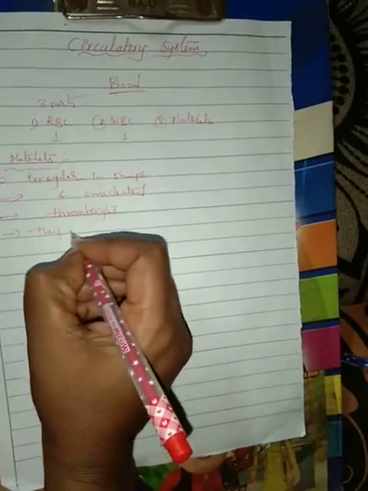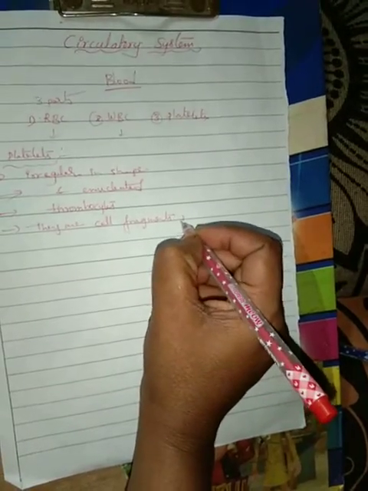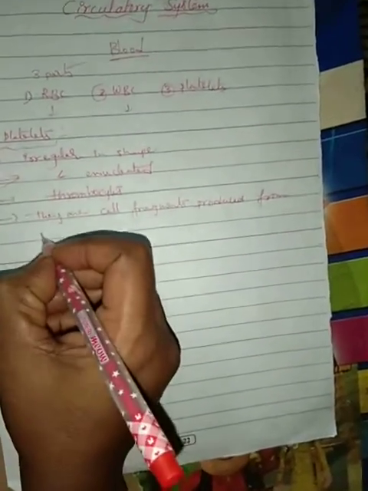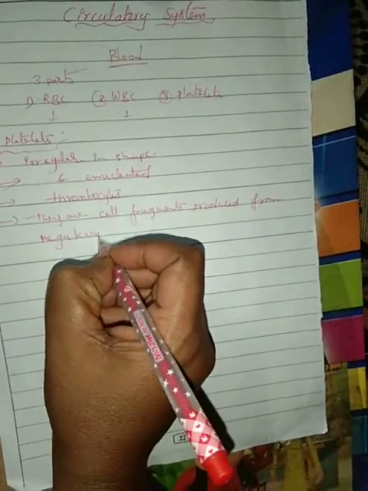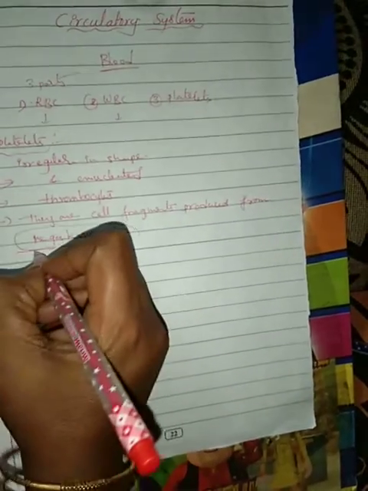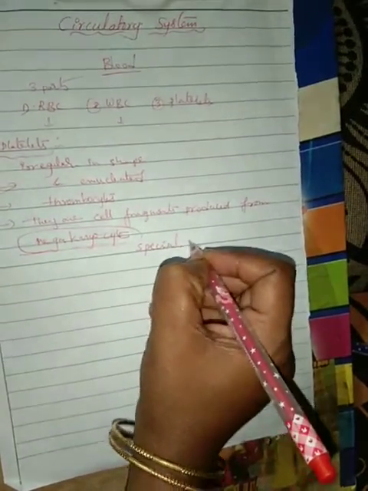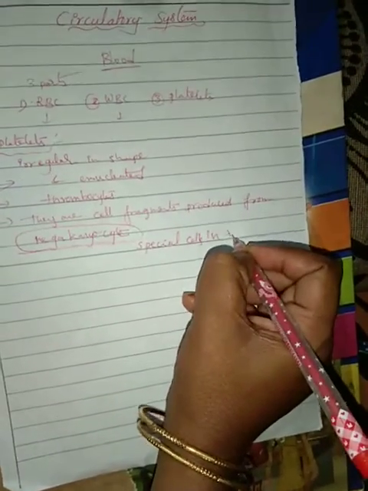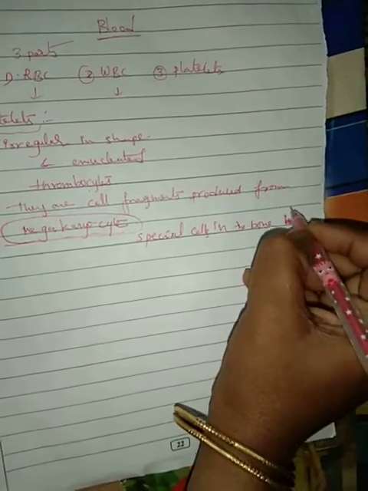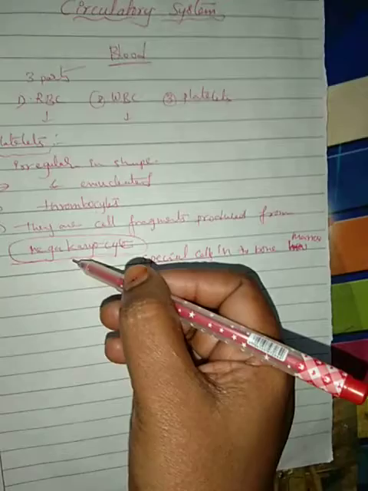They are cell fragments produced from the megakaryocyte.